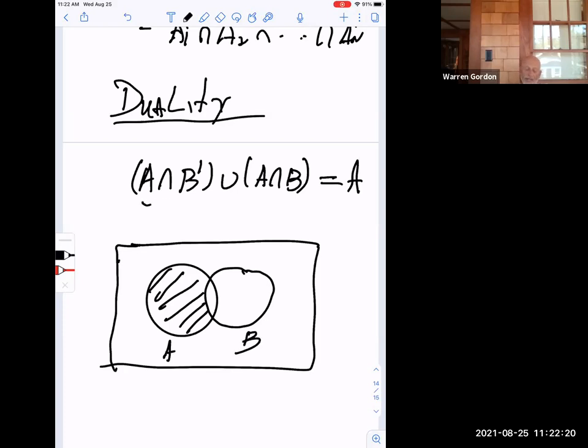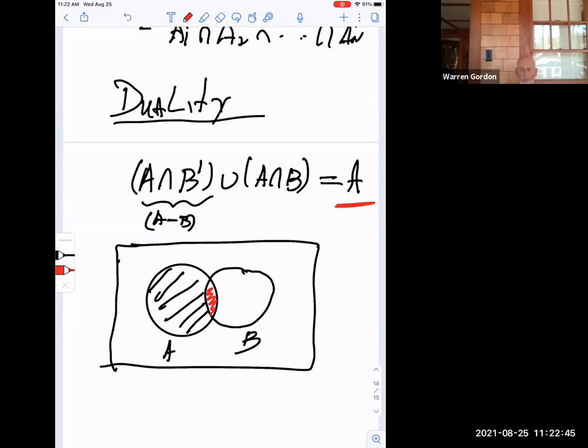By the way, notice this is the same set as A minus B, the relative complement. More than one way to represent sets. A intersection B is this piece here. When I take the union, I put them together, so I end up with A. So there's a proof by a Venn diagram.